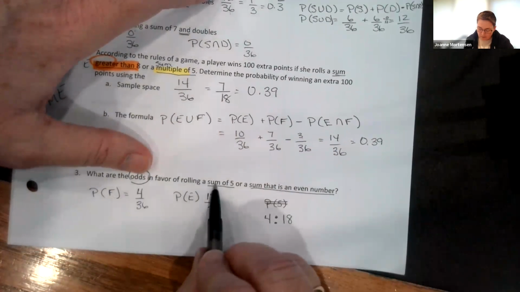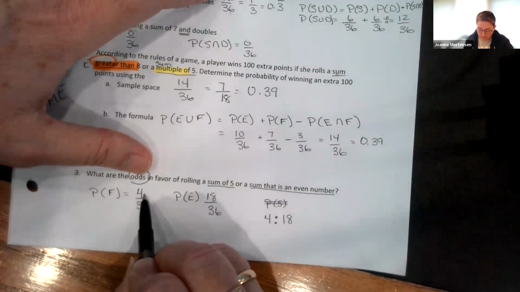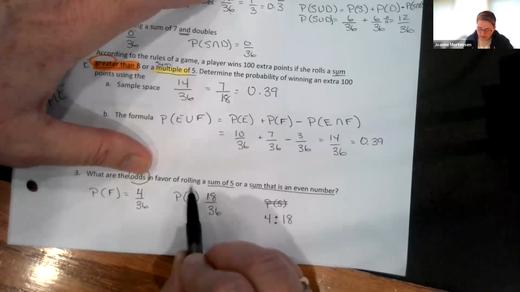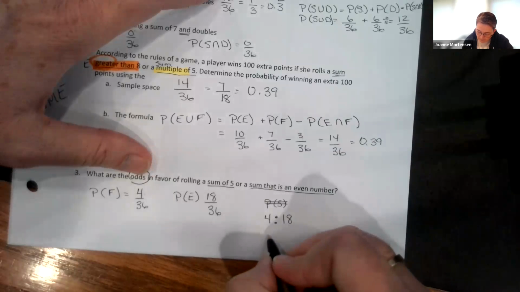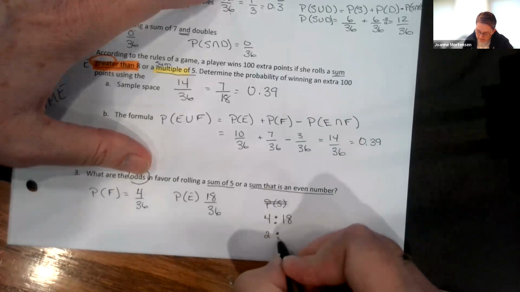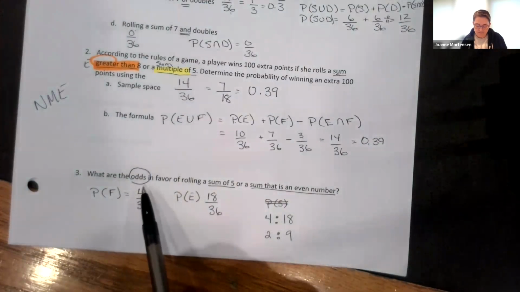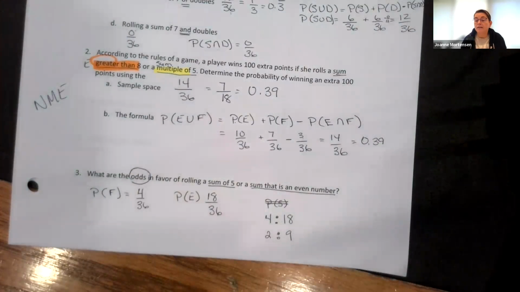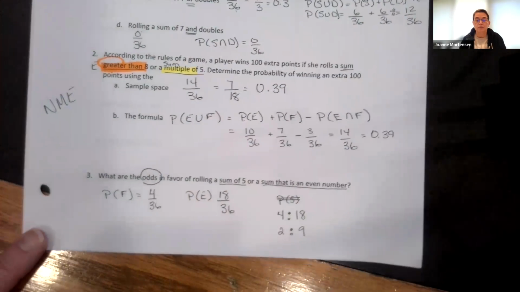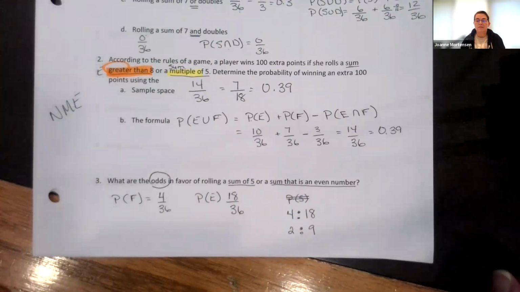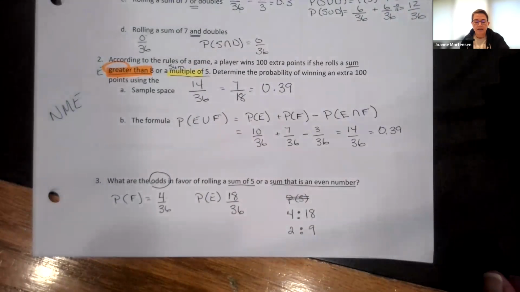So when it's in favor, you put your event first, and then after. And if I reduce that down, I can divide both of those by 2, and that is going to give me 2 out of 9. So probably shouldn't have thrown that odds question in there other than a really good review because it doesn't use the formulas. So have a spectacular day, and I hope these videos are helping you because I want to see success.